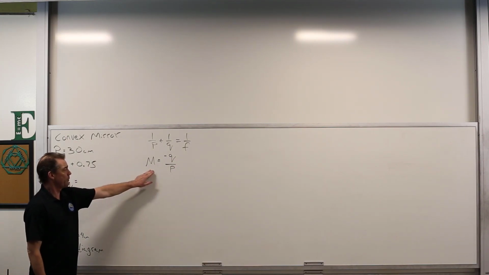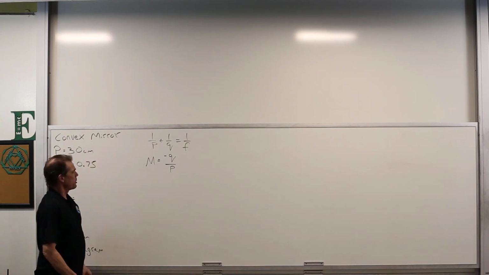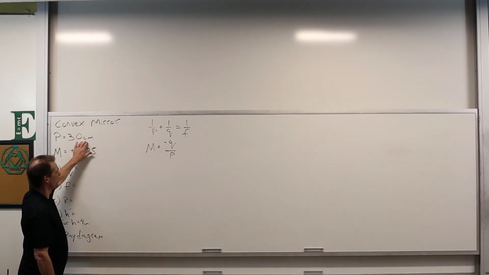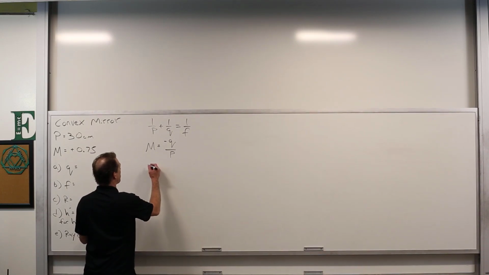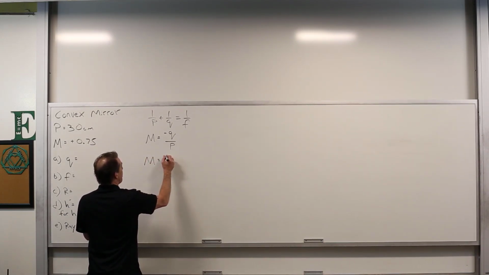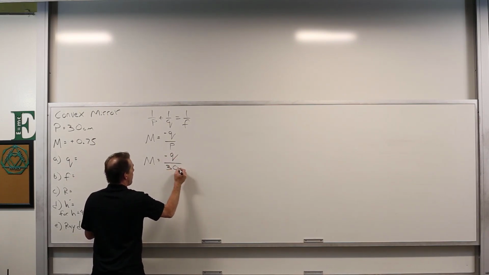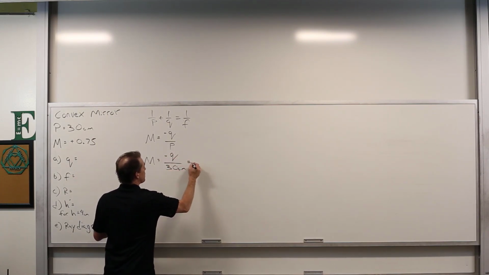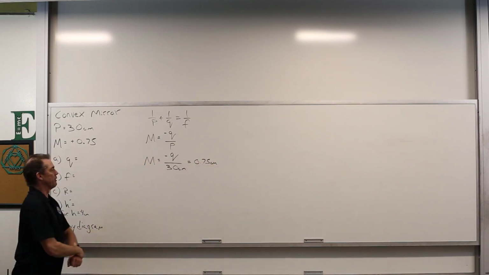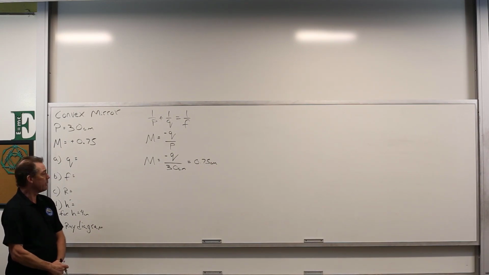So let's see if we can use the second one. Of course we can. We know M is equal to 0.75, and we know P is equal to 30. So M is equal to negative Q over 30 centimeters, which is equal to 0.75. We can get Q pretty easily.